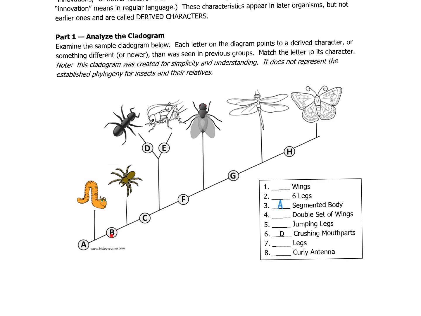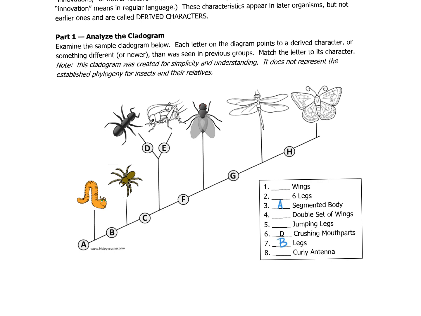Next, we move on to B. What is a trait that the worm doesn't have, but all of these have? So now we're going to look. I get 2 legs. So they all have legs of some type.